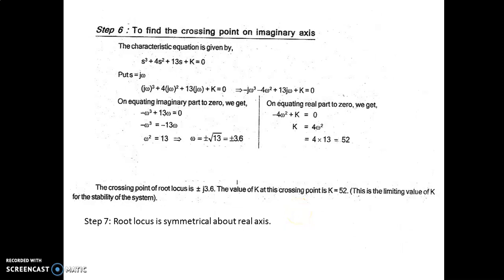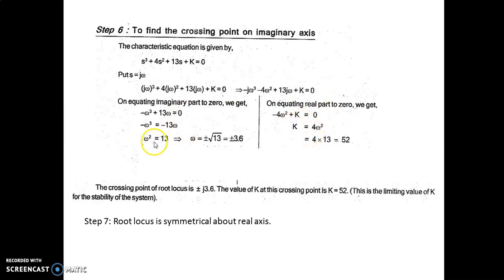To find the crossing point on the imaginary axis, there are two methods. Here I am taking only one method, the substitution method. This is the characteristic equation. Substitute s equal to j omega in this expression, separate imaginary and real parts, and equate to 0.